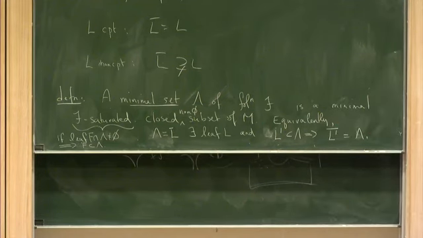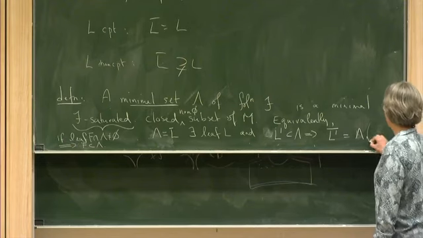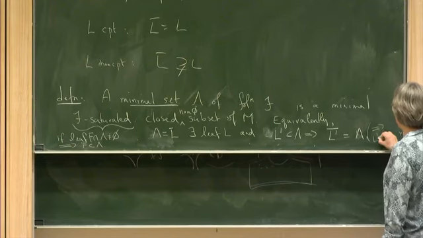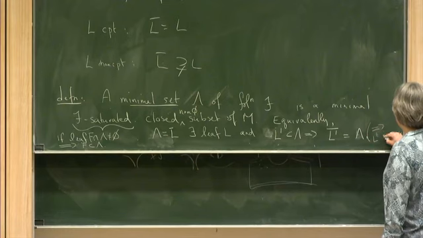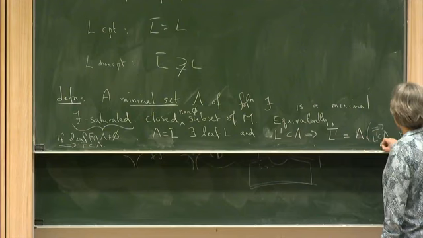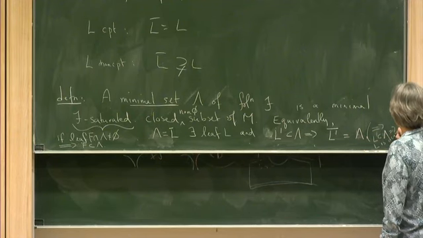So there isn't a smaller non-empty leaf closure that's contained in my set. And I can notice that in particular this is telling me that any leaf L in lambda is dense in lambda.